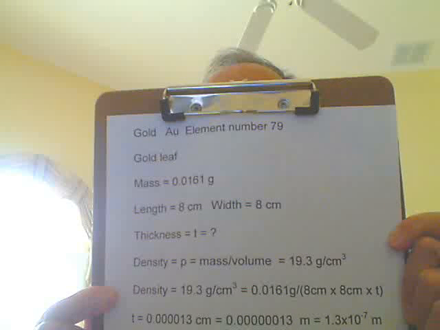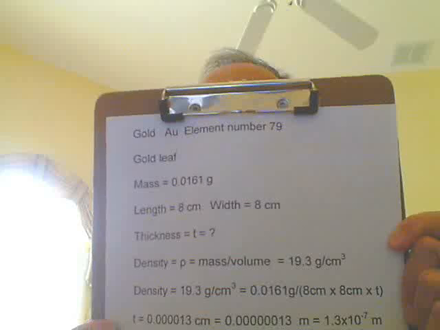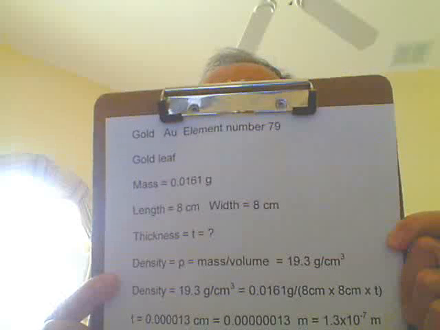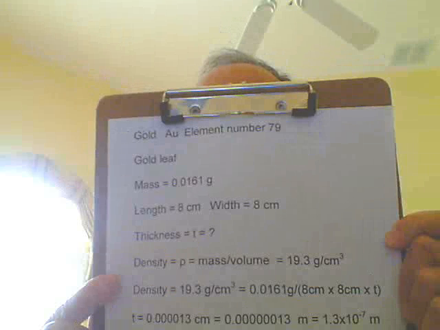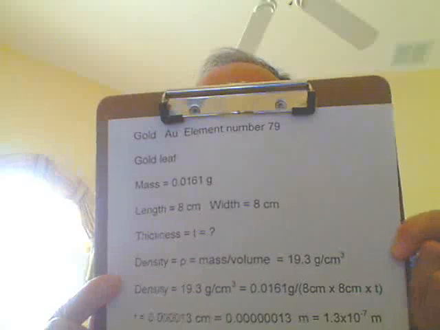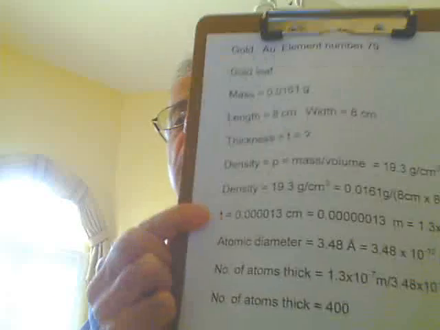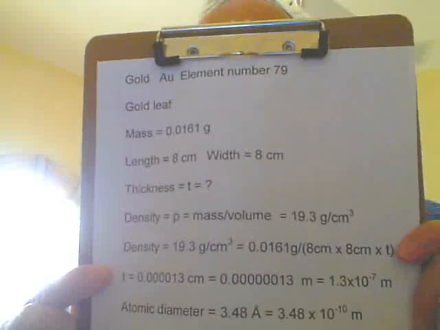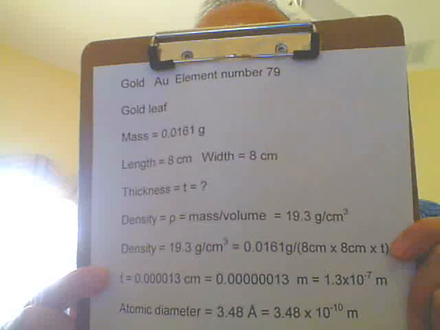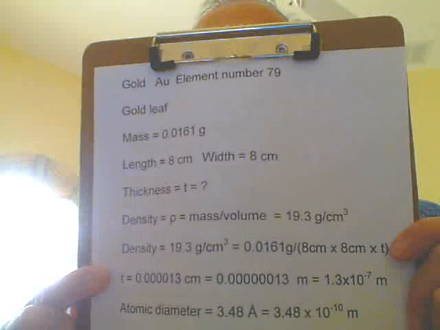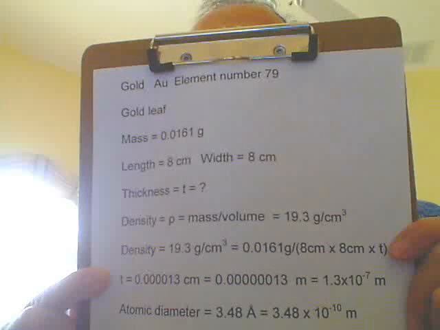The mass I measured using an analytical balance, and it was 0.0161 grams. The volume is the length times the width times the thickness. 8 centimeters times 8 centimeters times the thickness, T. So I solved that equation for T and obtained the value of 0.000013 centimeters.